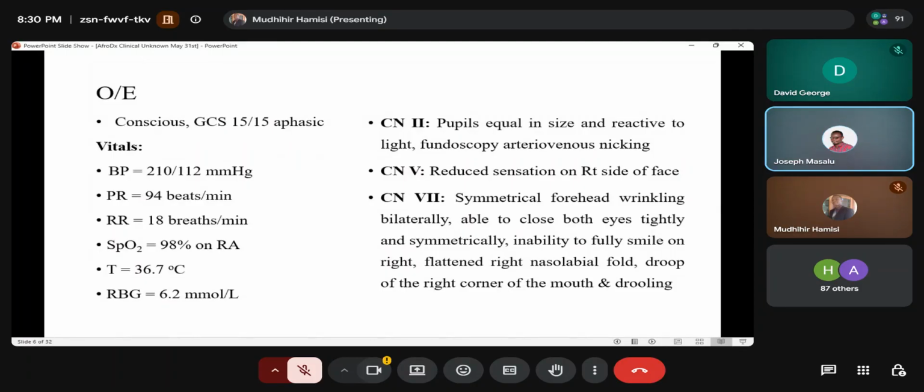So even if one part of the brain is affected, it's only the part of the face that gets a single supply, which is the lower side, and the upper one of the hemisphere will be intact and will still control them.